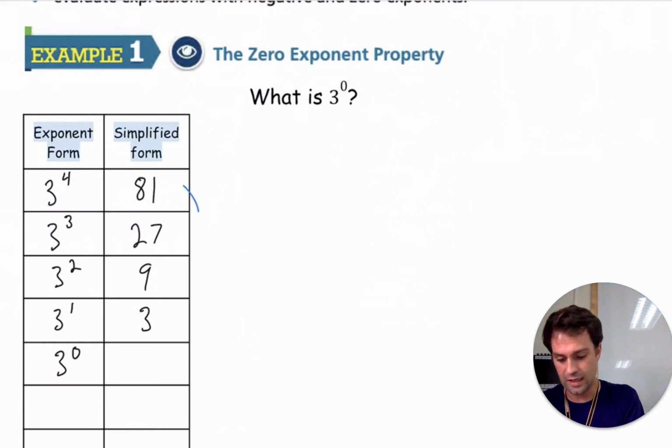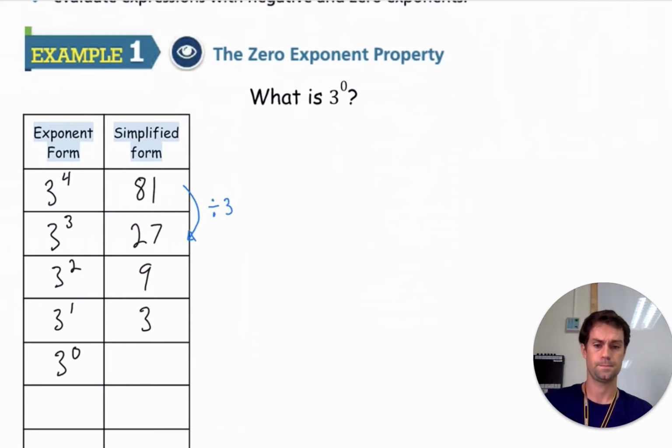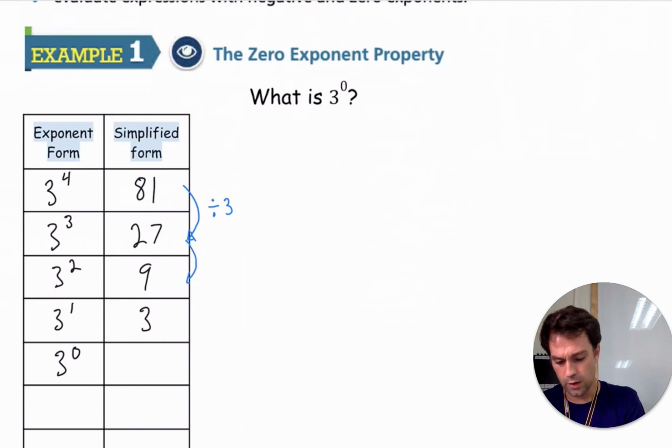So how are we getting from 81 to 27? What operation could we do to get from 81 to 27? We could divide by 3. So to get from 27 to 9, following the same pattern, 27 divided by 3 gives us 9.